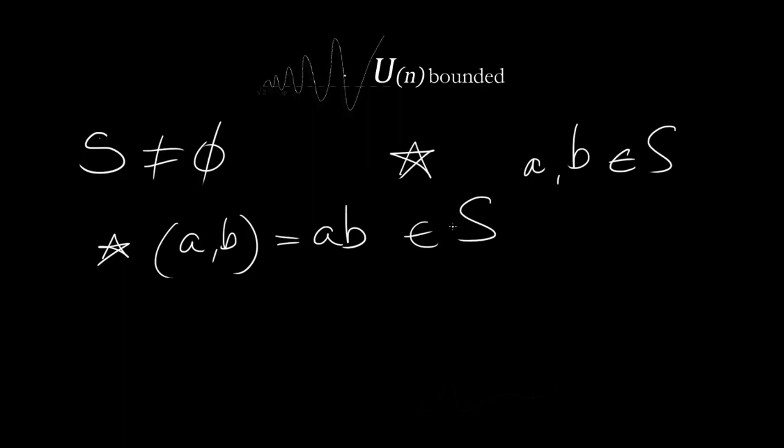So we have a set and an operation. Take two elements of the set and operate them together. If the result is in S, we have what is called the closure property. Basically, this operation allows us to operate within the set, and the operation is binary.